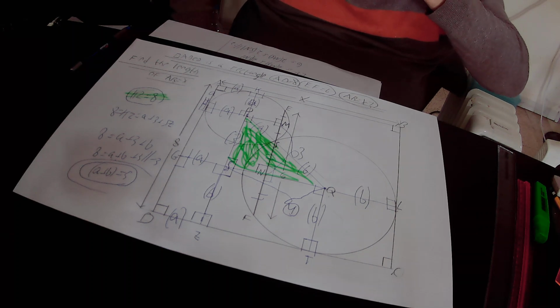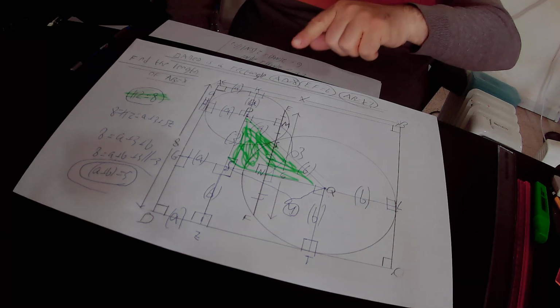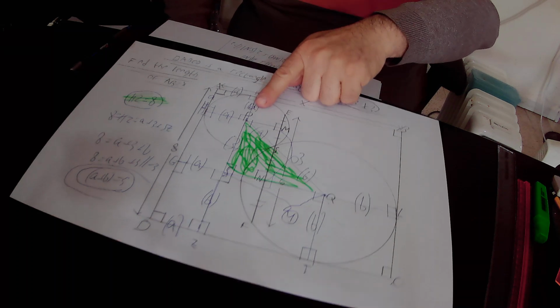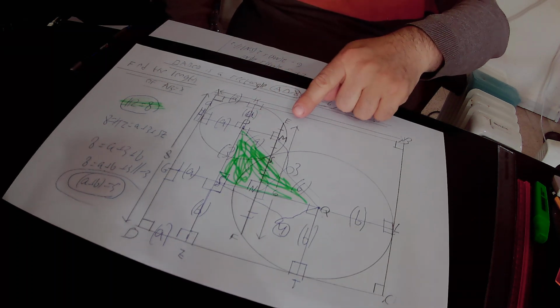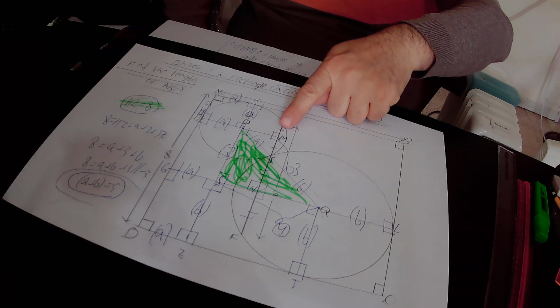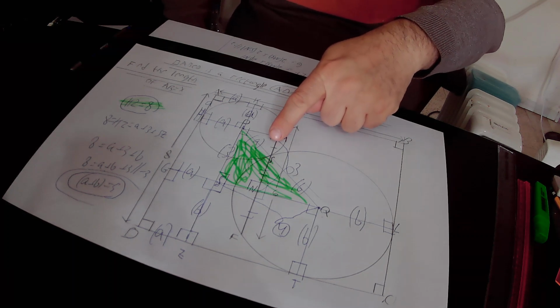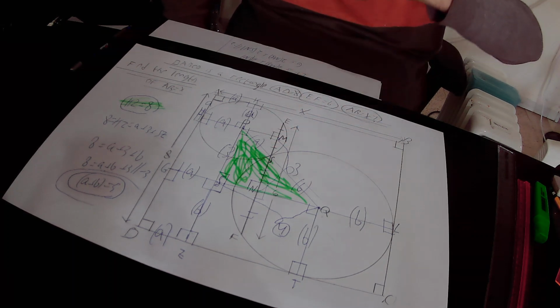Why? Because in our drawing, from the center of this small circle, that is from point P, we draw a perpendicular on EF. So this angle equals 90 degrees and this angle equals 90 degrees according to our construction.